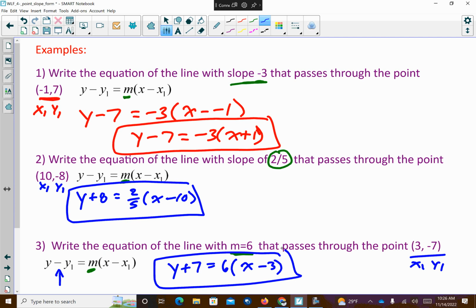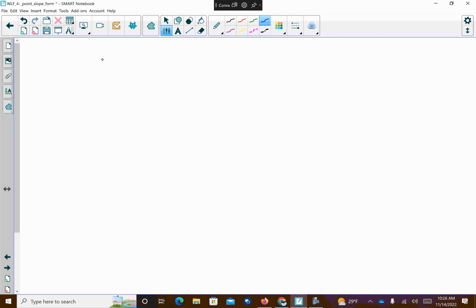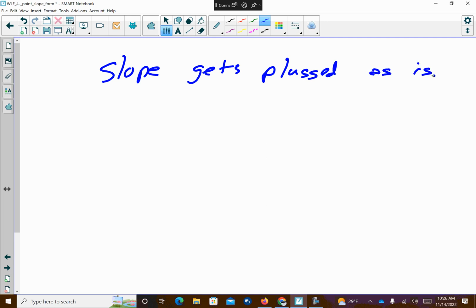So when you're doing these problems, this is just a side note. Slope gets plugged in as is.